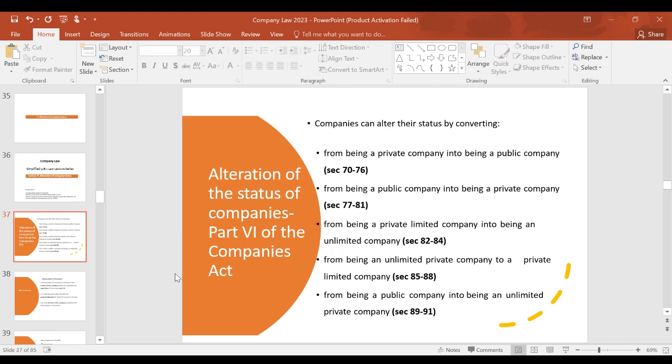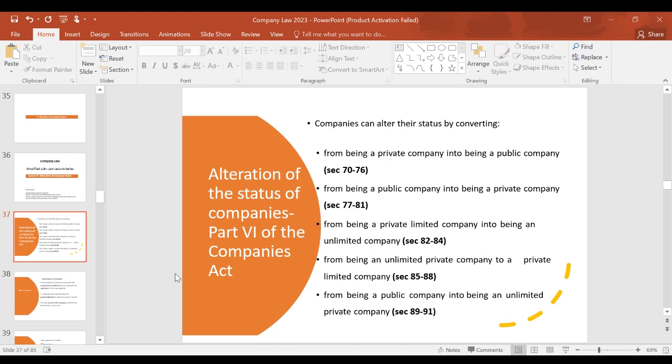Now, how can a company alter its status from being registered as a private company to a public company? So, Part 5 of the Companies Act provides for all the alterations of a company on how it can change its status after the registration.